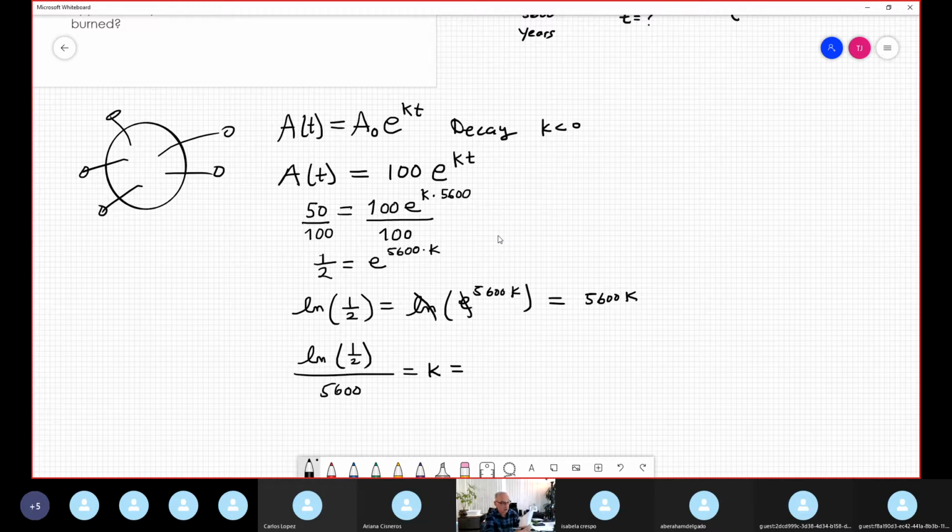Why is it negative? Because in the process, you compute the logarithm of 1/2, and I know very well that the logarithm of a number less than 1 is negative. So the answer is, wow, a weird number. I put it in the calculator, it's negative 0.000123778.